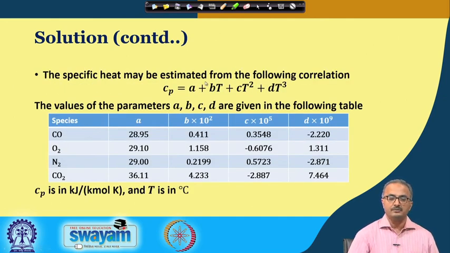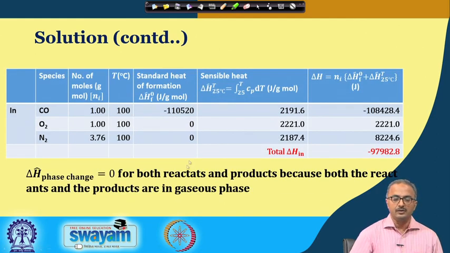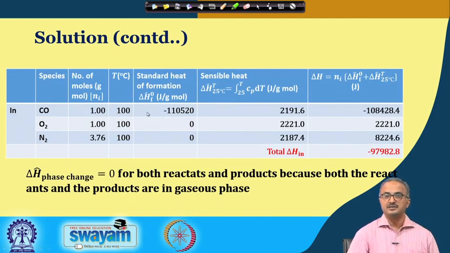Now this is what we learnt earlier, that Cp may be given by this cubic polynomial, and here we have given you the A, B, C, D values for all the species. Here Cp is in kilojoule per kilomole Kelvin and temperature is in degree centigrade. The next steps are very simple.